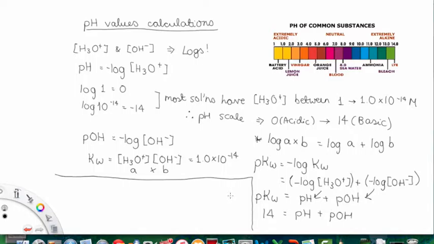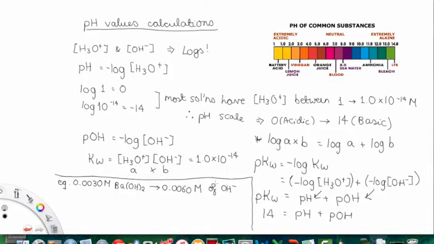So if you know a concentration of a strong base or acid, you can calculate the pH or the pOH of it. And so as an example, we have 0.003 molar concentration of barium hydroxide, which is a strong base, and this gives 0.0060 molar concentration of OH minus ions.